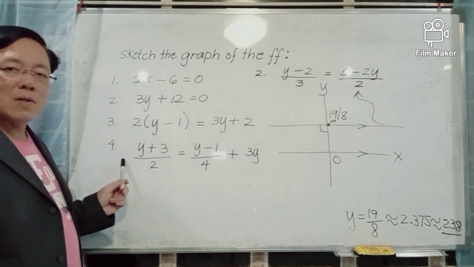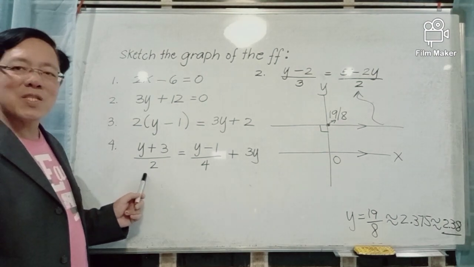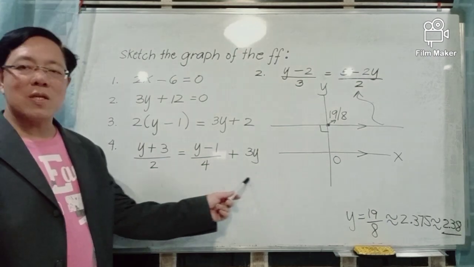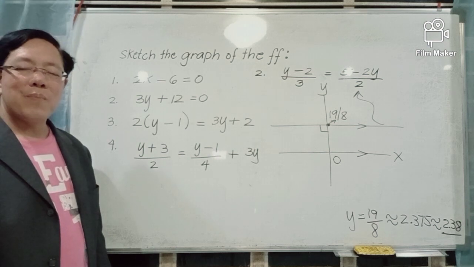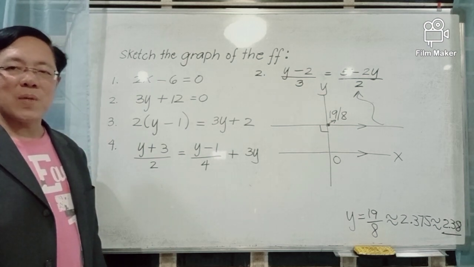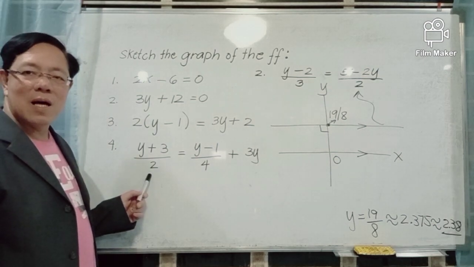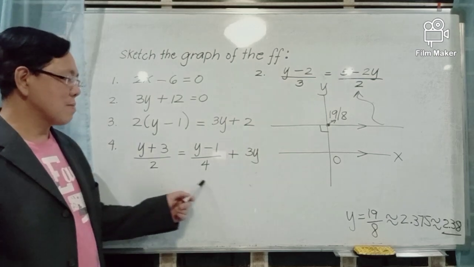In number 4, you have another linear equation in y. So the graph of this linear equation is another horizontal line, parallel with the x-axis and perpendicular with the y-axis. But to graph that line, horizontal line, you have to solve first for y from this equation.